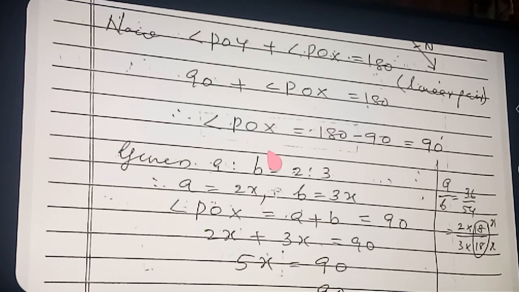Some students are writing A is equal to 2k and B is equal to 3k. You can write any constant number. But this constant number x, how came, understood now? This is the method. When we are taking A is to B, you don't think that the value of A is 2 only. That is wrong. Not 2 degrees.